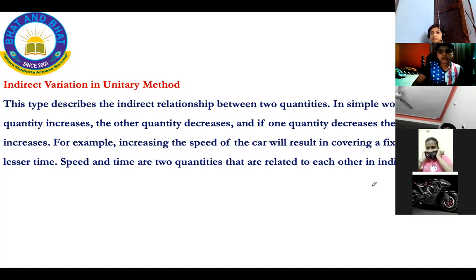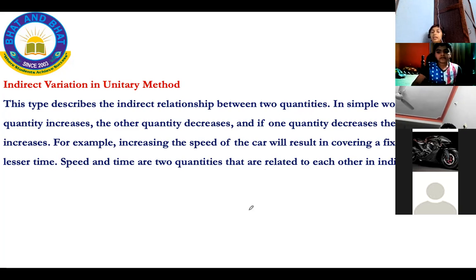Every day you take half an hour, 30 minutes, to reach your school. But one day you increase the speed, so instead of 30 minutes, you reach your school in 20 minutes. So if the speed increases, time will reduce.